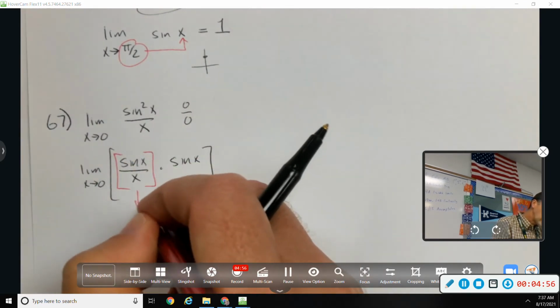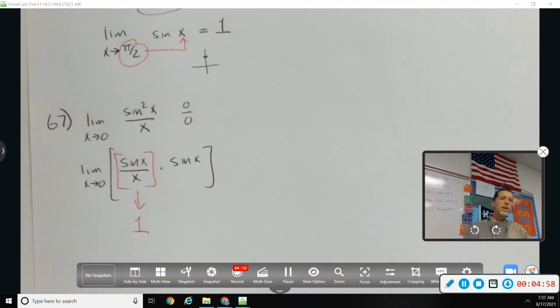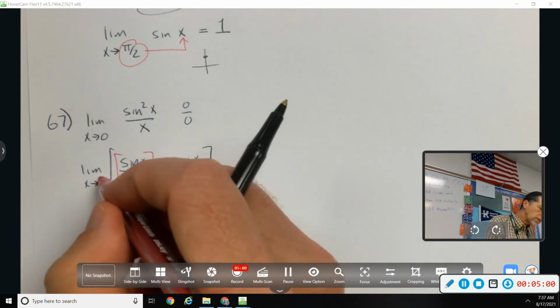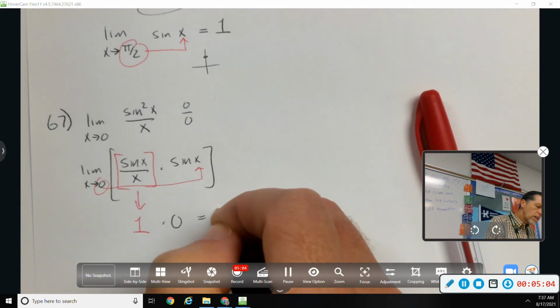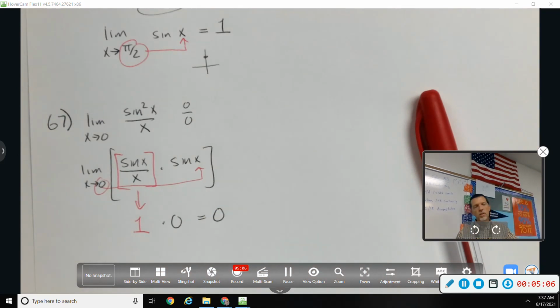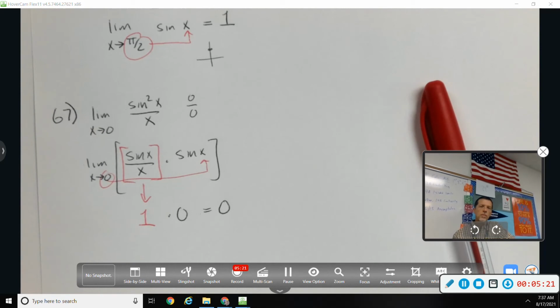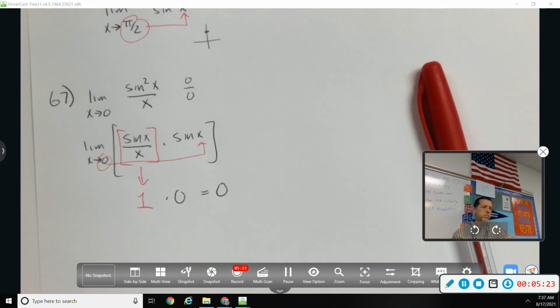That's 1. Then I can substitute on the other one. Sine of 0 is 0, and so I get 0 for an answer. It's okay to have zeros. It's just not okay to have 0 over 0. We don't know what that is. But if you get 1 times 0, that's okay. Good questions.